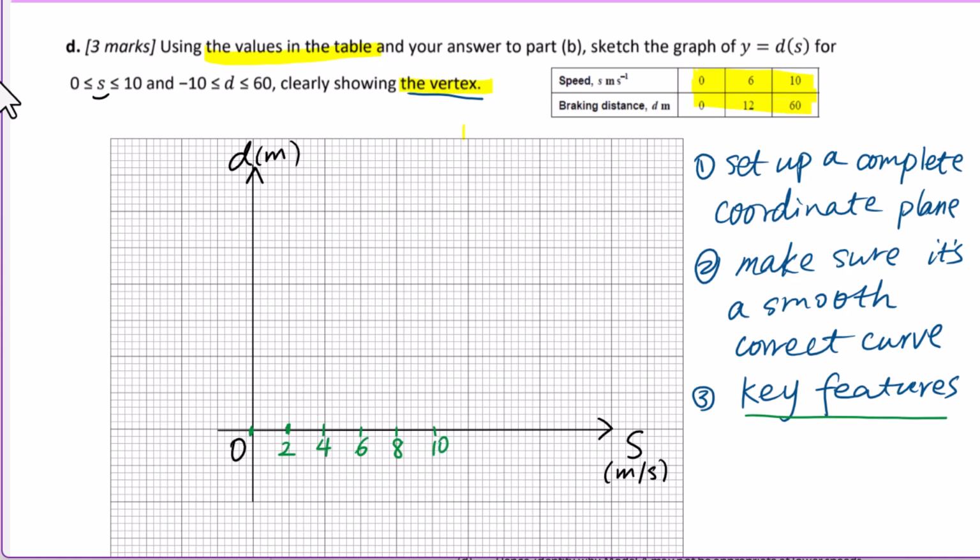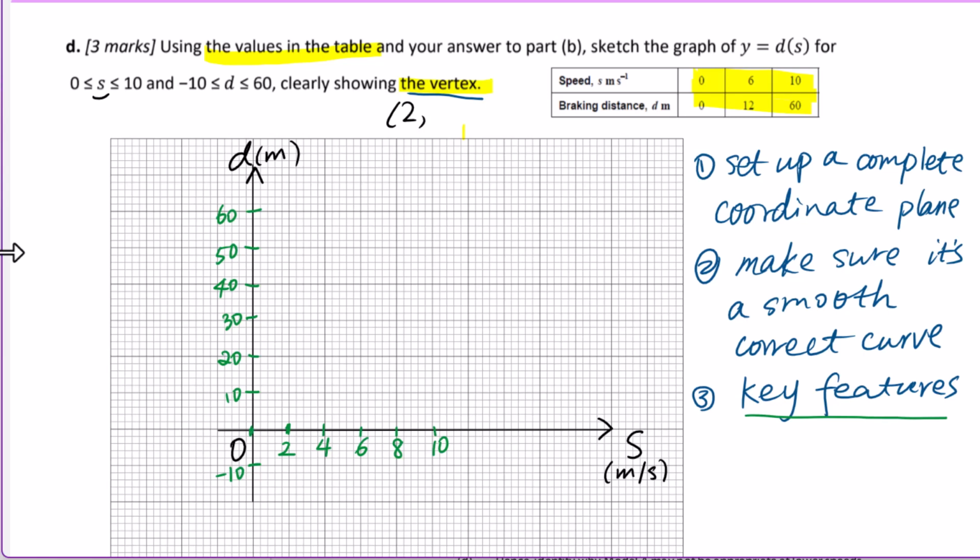For d, let's use -10, 10, 20, 30, 40, 50, 60. Then plot the points.